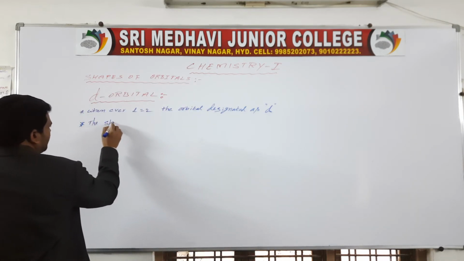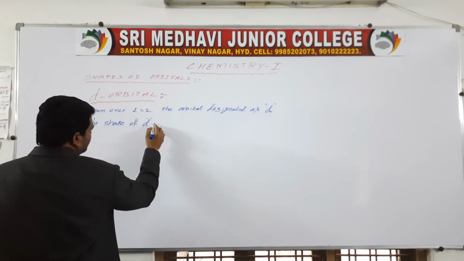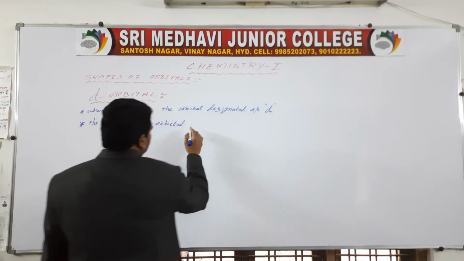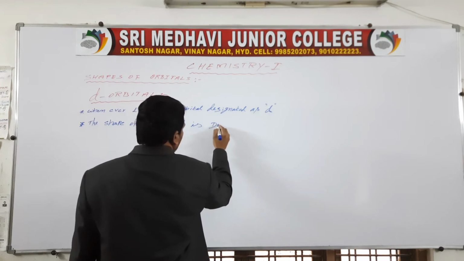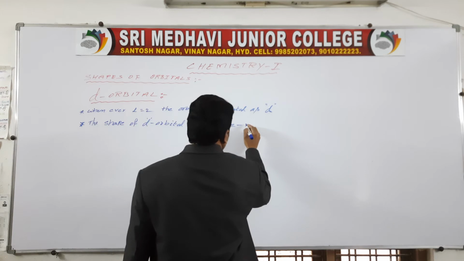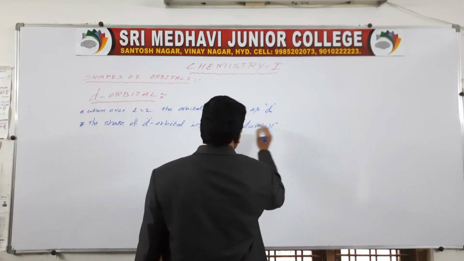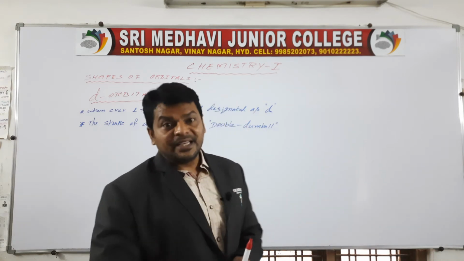The shape of the d orbital is a double dumbbell. It has 4 lobes on either side of the nucleus.